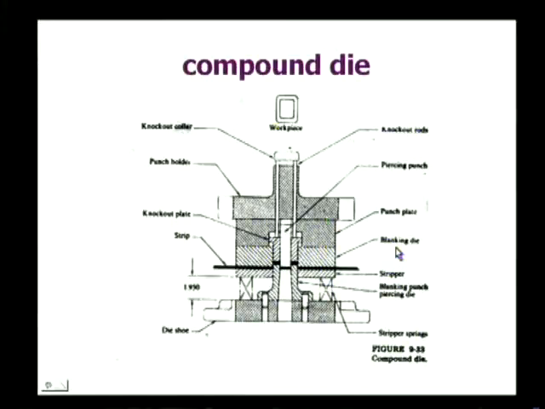So this is a blanking punch and blanking die, and this is a punching punch and a punching die. As a result, a component like this or a washer may be manufactured or pressed out in a single stroke of the ram.